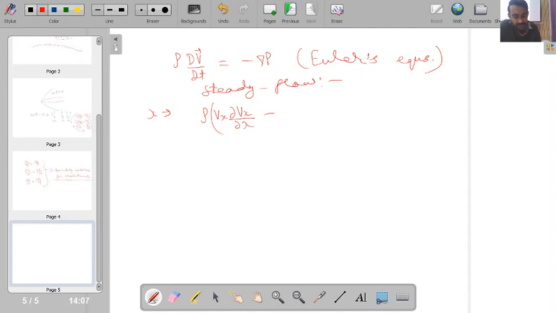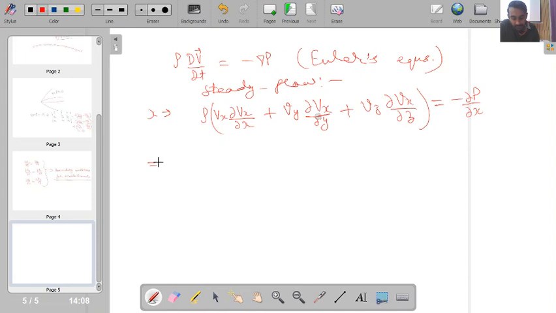So del vx by del x plus vy into del vx by del y, plus vz into del vx by del z, equal to minus del p by del x. This is my x momentum equation.